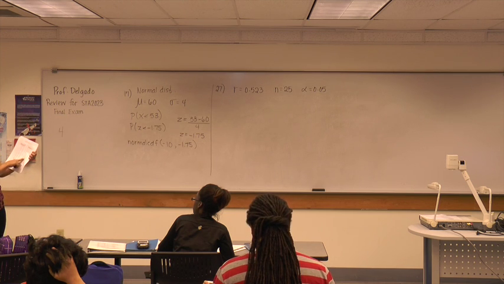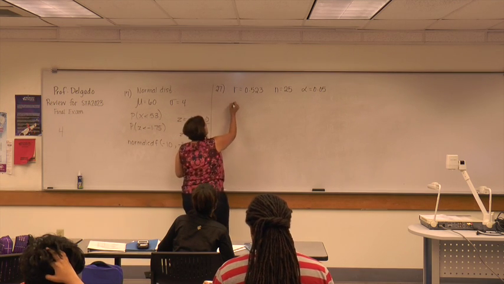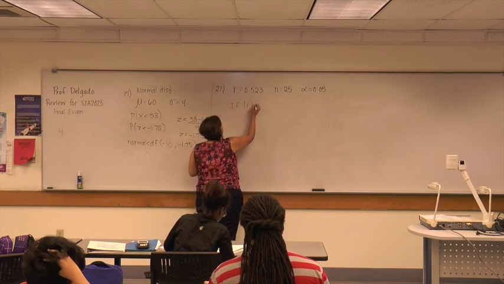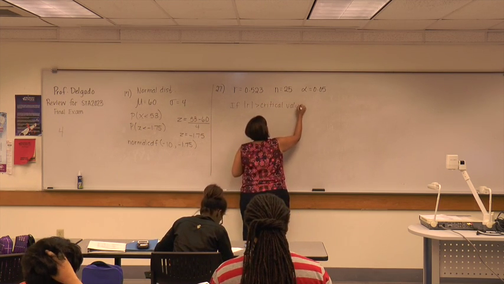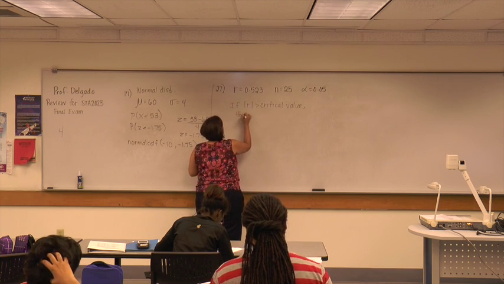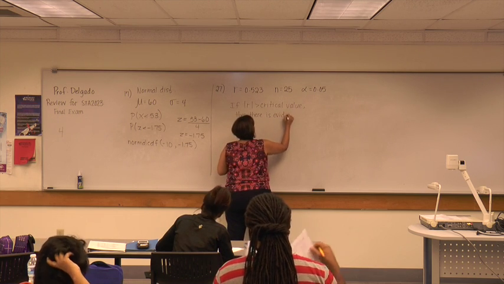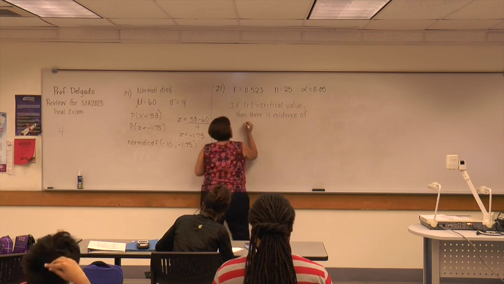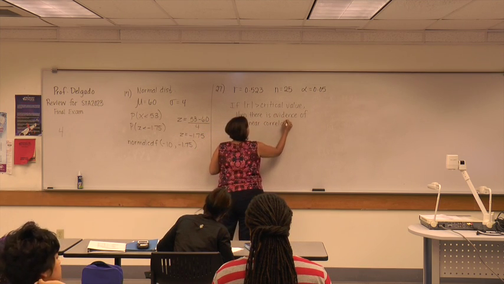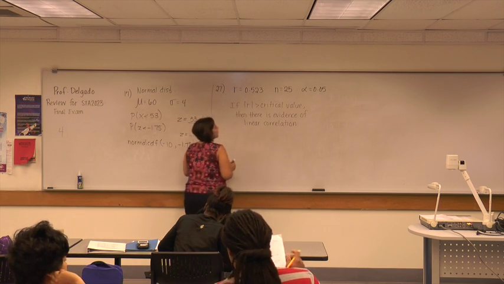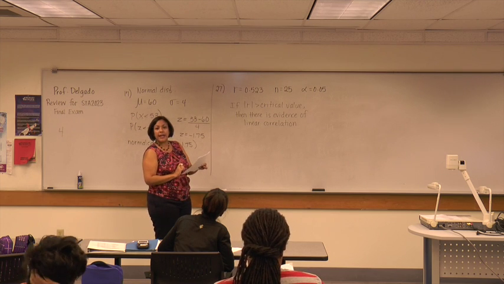Our absolute value for r is greater than that critical value. So in our case, we need to be higher than 0.398.